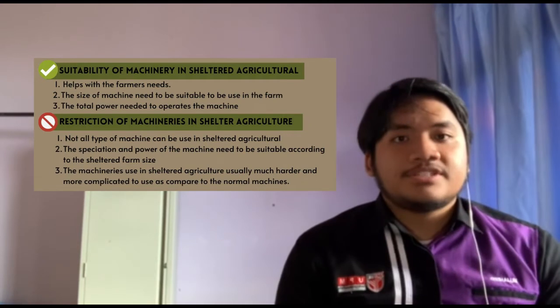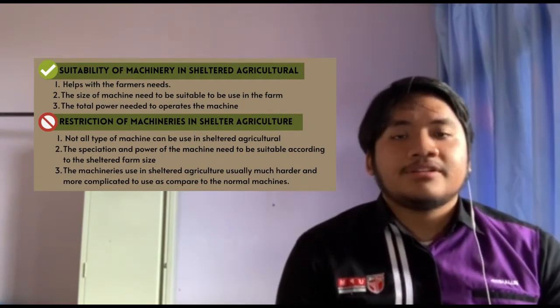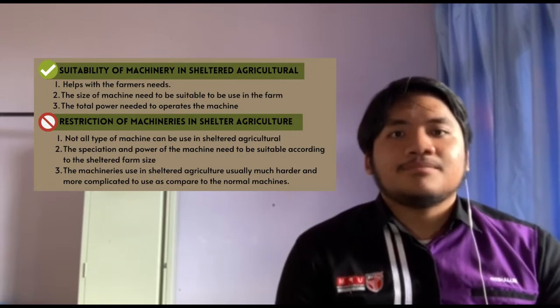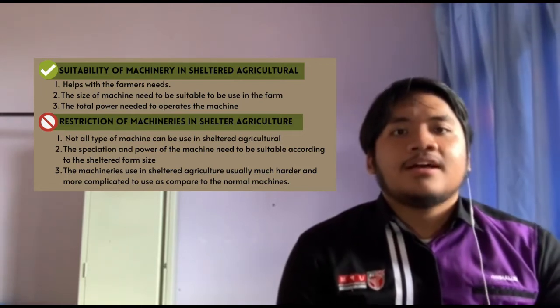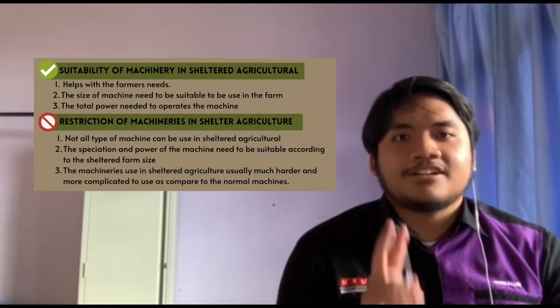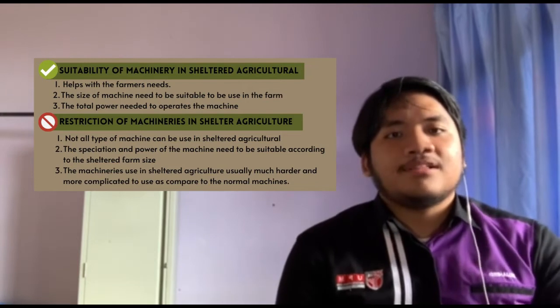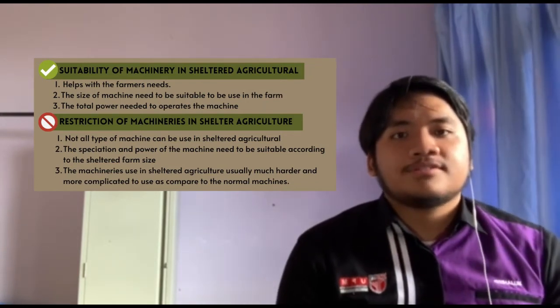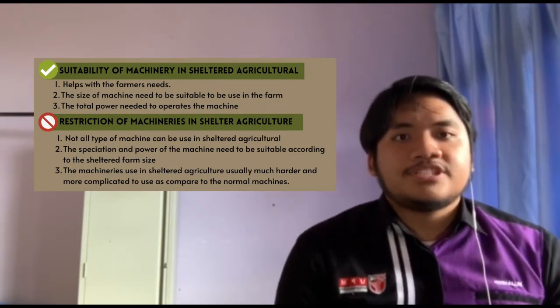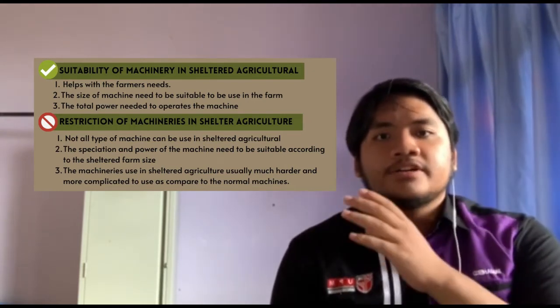Okay, the first point is the function of the machine needs to fulfill the requirement that the farmer needed, which means the machine needs to efficiently help and ease the farmer's job in the farm. Next, the second point is the size of the machine needs to be logical and suitable with the size of the sheltered farm, so that the machine can be easily moved from one area to another around the farm.